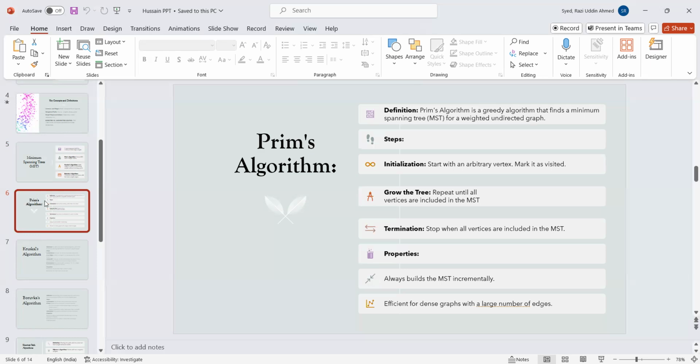Initialization is to start with an arbitrary vertex, mark it as visited, grow the tree, and termination is the same. Always build the MST incrementally, efficient for dense graphs with a large number of edges.